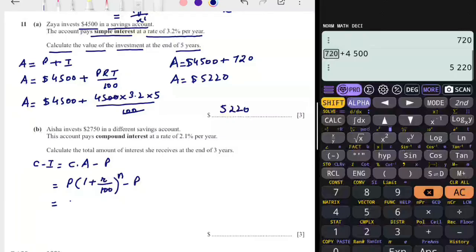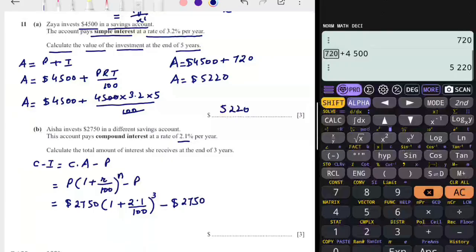P is equal to $2750, bracket opens, 1 plus rate of interest is 2.1, divided by 100 raised to power 3, because time is 3 years, minus principal, that is $2750.